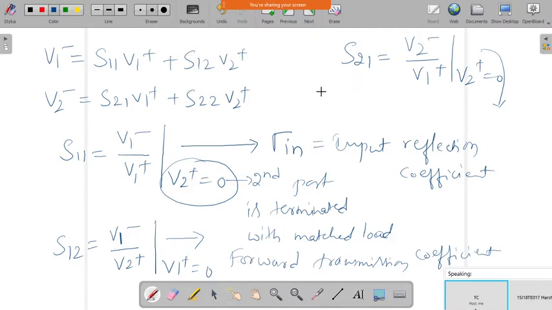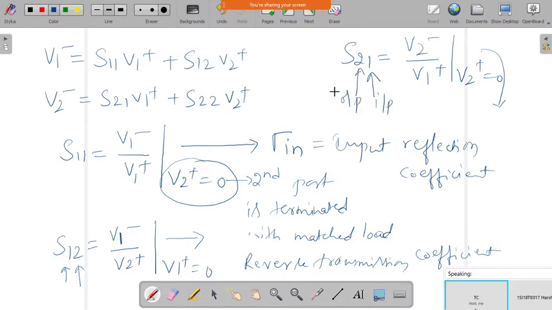Why reverse? You can see from the subscripts: whenever we give the input at 2, we get the output at 1. So we call S12 the reverse transmission coefficient and S21 the forward transmission, because we give the input at 1 and take the output at 2.